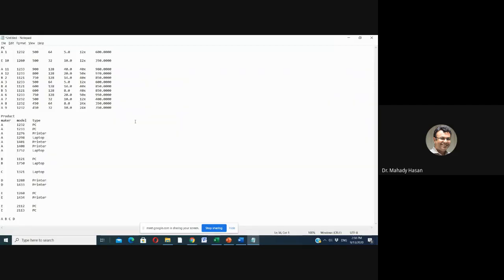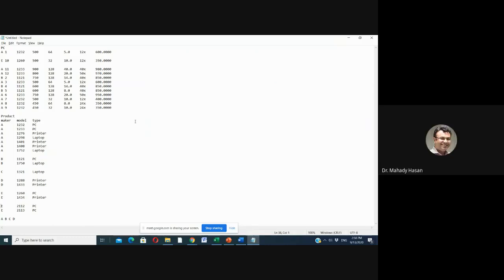Here we can see E is a maker producing two types of PC, 2112 and 2113, which are absent in the PC table, right? Yes, sir.